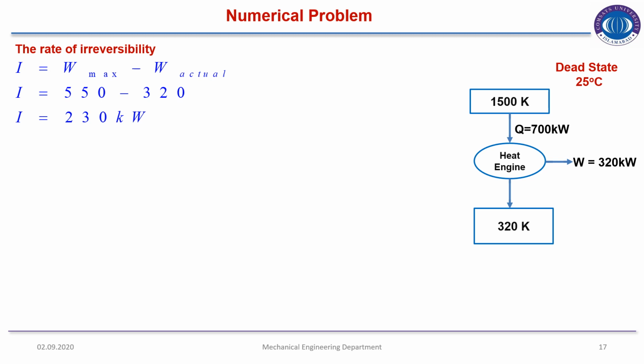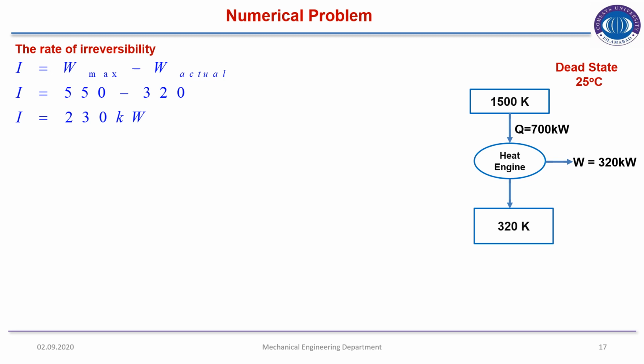So the rate of irreversibility. Irreversibility is represented with the symbol of capital I, that is equal to the maximum amount of work that can be done minus the actual amount of work. So actual work is given in the statement, actual work produced by the heat engine is 320 kilowatt, and in the previous step we have calculated the maximum amount of work.